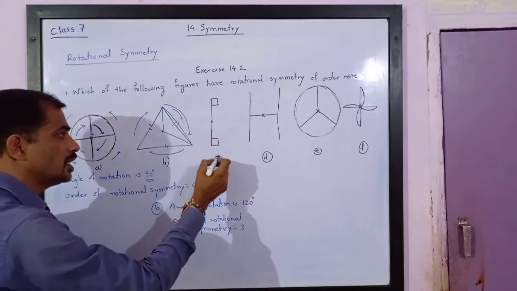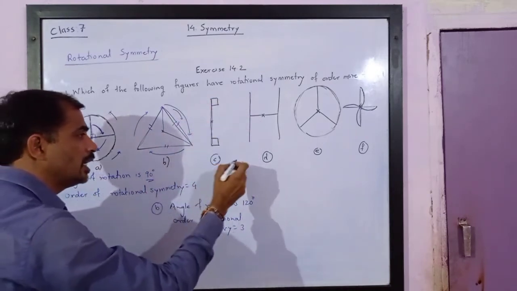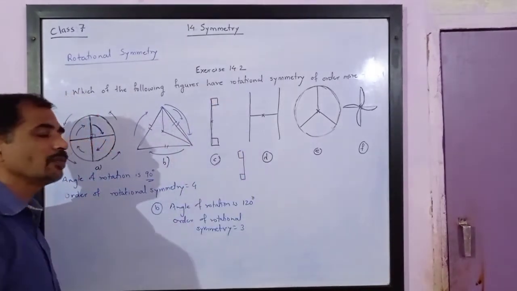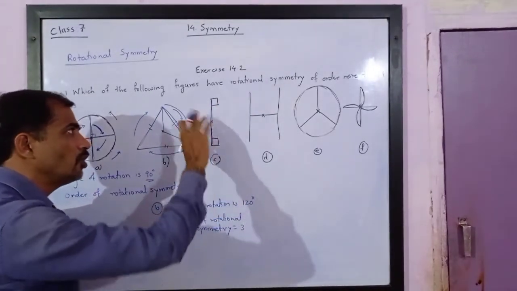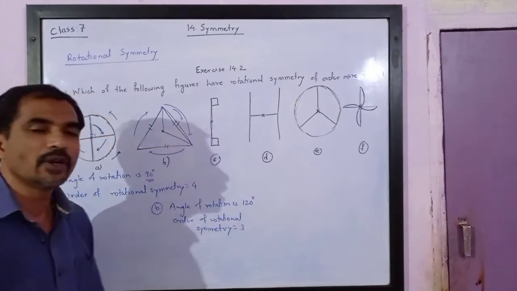In the third figure, in the C figure, you will notice that even if you rotate by 180 degrees, we will get something like this, which is not the original position and doesn't look like the original figure. So here we have to rotate completely by 360 degrees. Then and only then will the figure look the same.